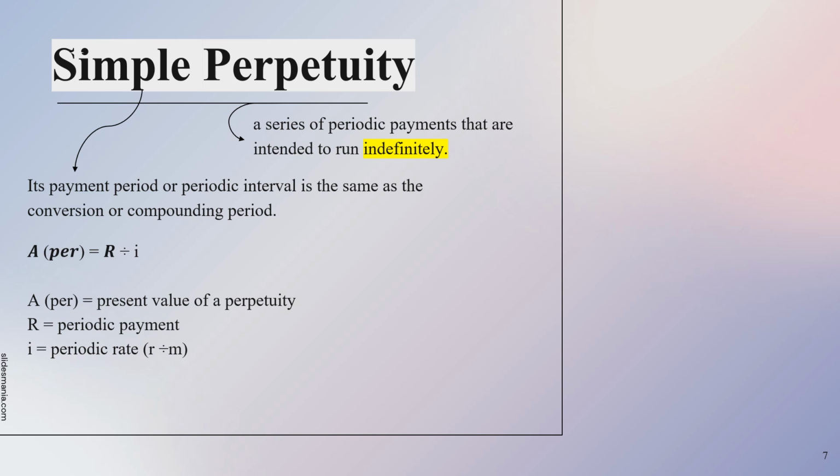So this is the formula for simple perpetuity. A per equals R divided by I, where A per means the present value of a perpetuity, R is the periodic payment, and I is the periodic rate.